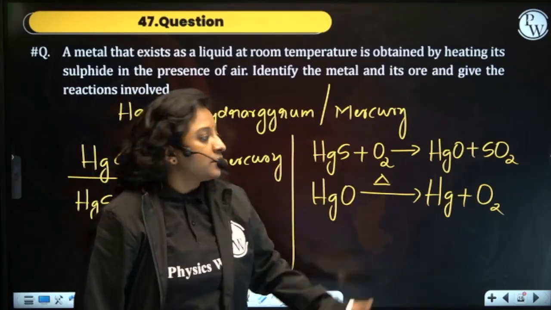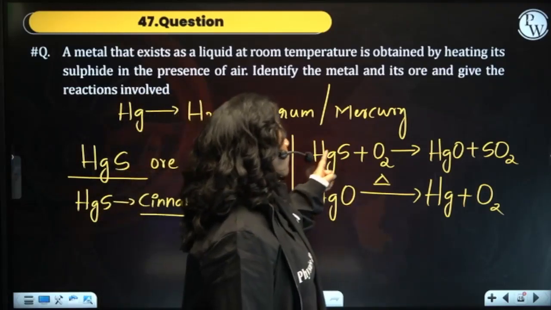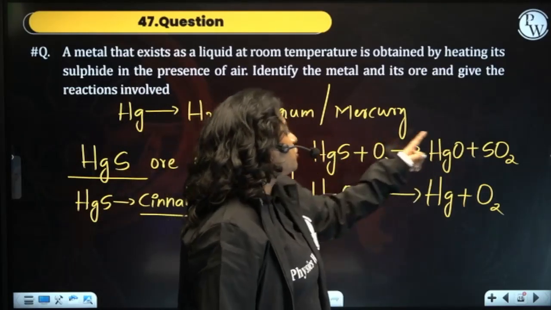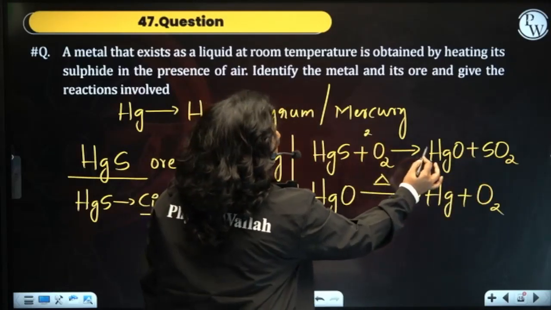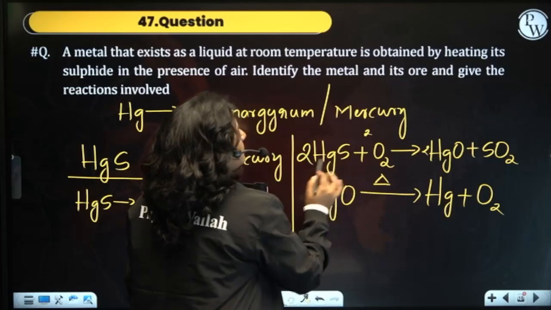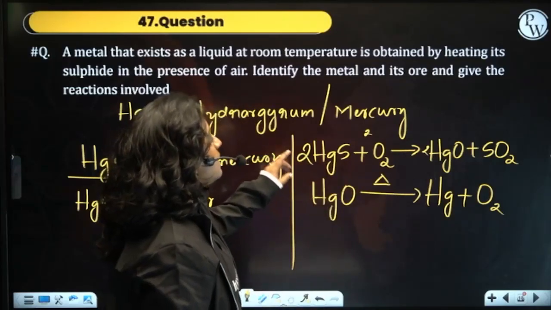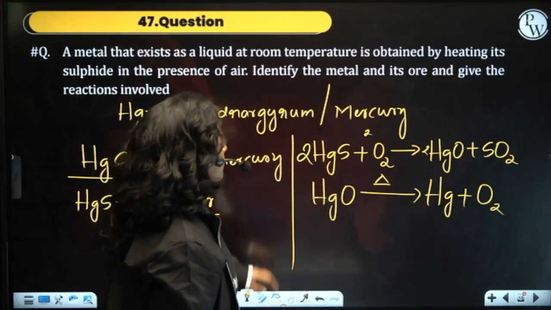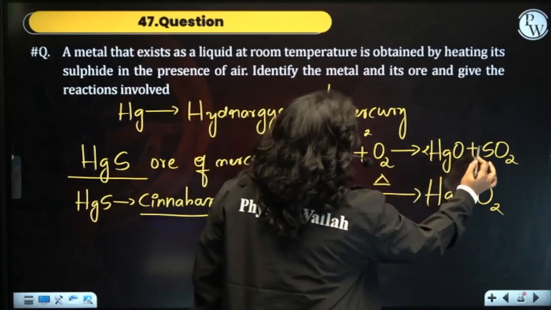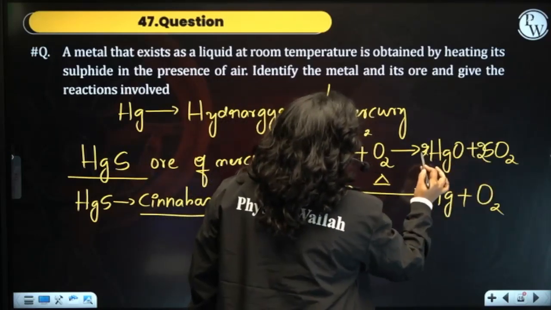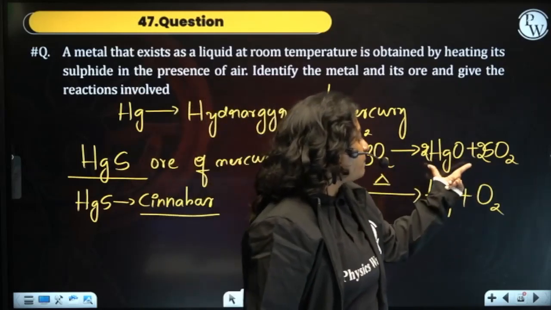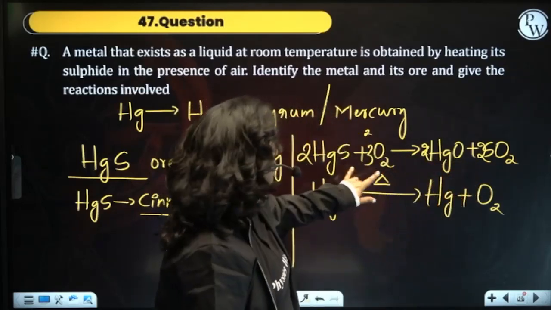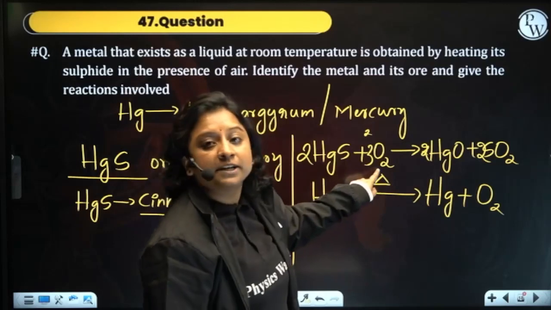Here is the reaction. So let's balance the reaction. 1 mercury, 2 oxygen. There are 3 oxygen here, so in order to balance, I'll write here 2 and I'll write here 2. Mercury and sulfur become 2. So mercury, sulfur, I'll just write here 2. Total oxygen is 4 plus 2, 6 oxygen. In order to make 6 oxygen, I should multiply here by 3.